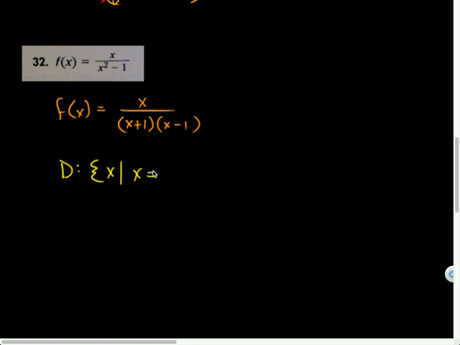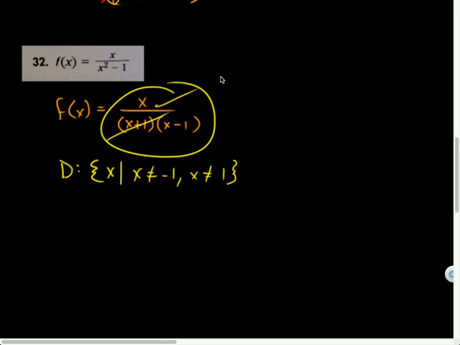Yeah, so x cannot equal -1, x cannot equal +1. Right? Now the range, now it doesn't look like this will have anything that cancels out, which is where you have graphs that have like the little holes showing up in them.